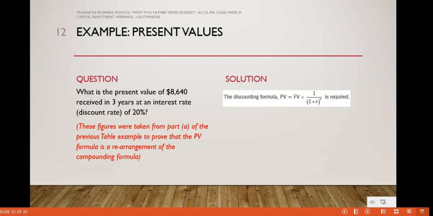PV is equal to the future value, in this case the amount we are going to receive in 3 years, which is 8,640.